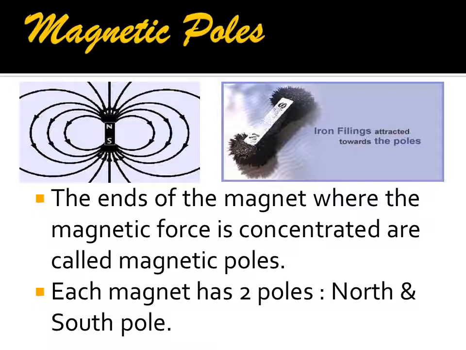And you people used to play with that magnet also, attracting many small things like iron filings, or iron coins. So any substance which attracts a piece of iron or other related metal towards itself is known as a magnet.